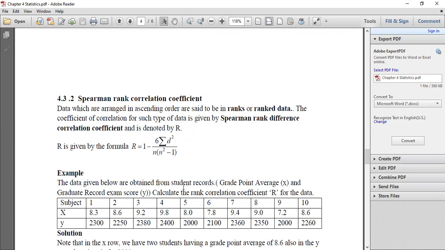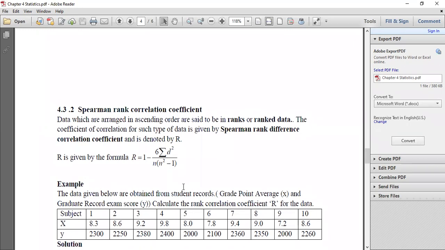In mathematics, it's always good to use examples so that it is easy to demonstrate whatever you're doing. So we are saying for a person, you have a record of grade point average, which we say is X, and graduate record exam score. So you have subjects, which would be people, students, could be anything.